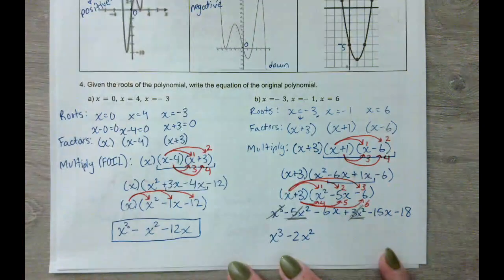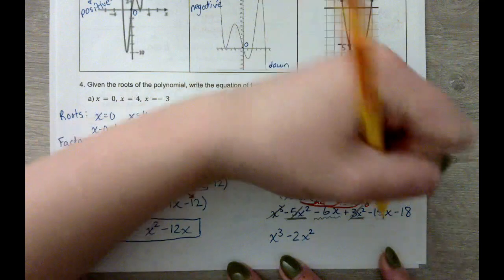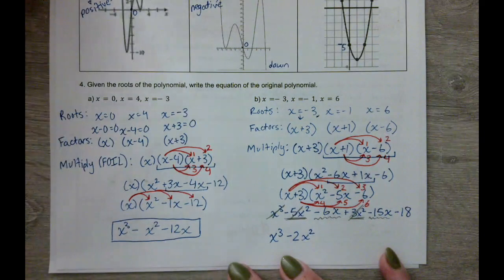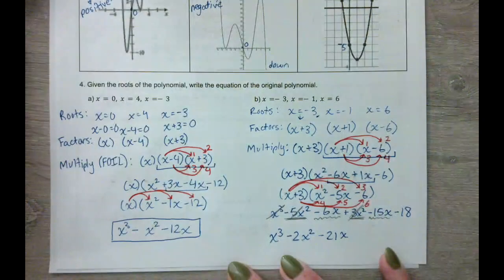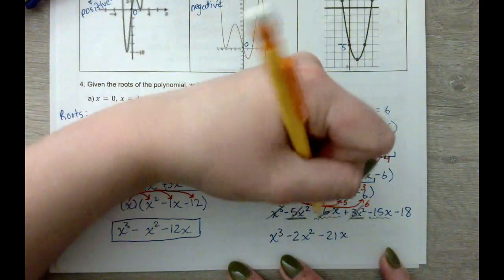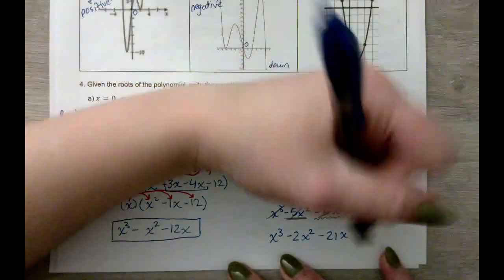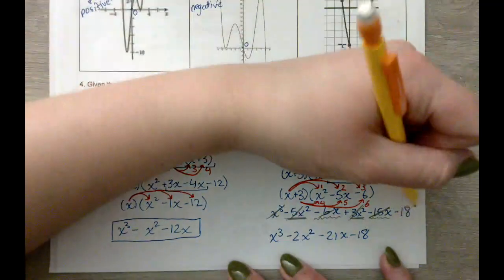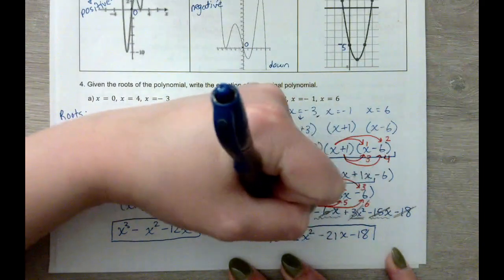And I look for x, and I have two of them, negative 6x and negative 15x. Negative 6 and negative 15, that's negative 21x. And lastly, I have negative 18 at the end. And that is my final answer.